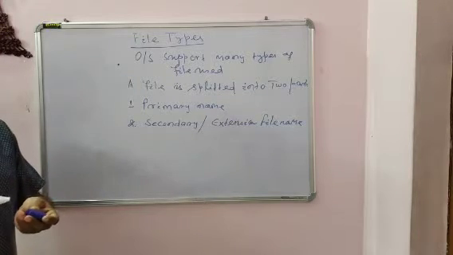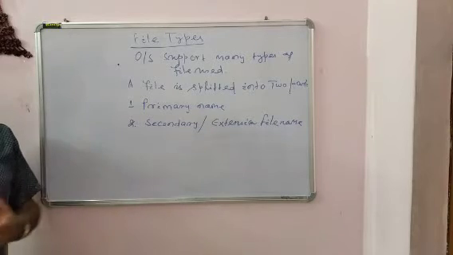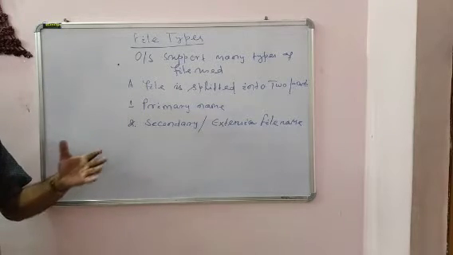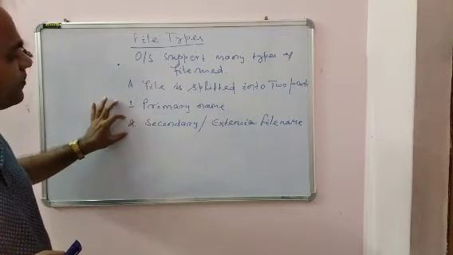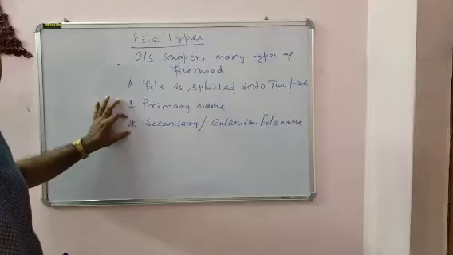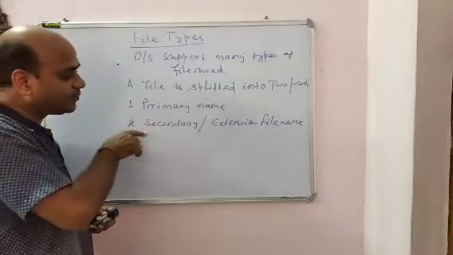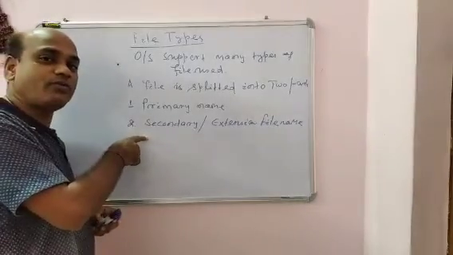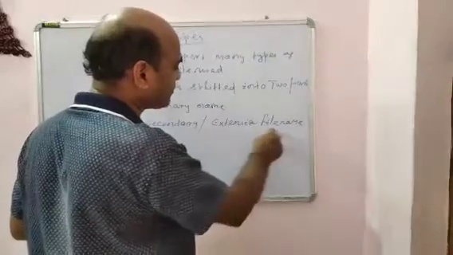Here the user can give a file name with a primary part and a secondary part. The secondary part indicates which type of file it is, because this is the extension part.